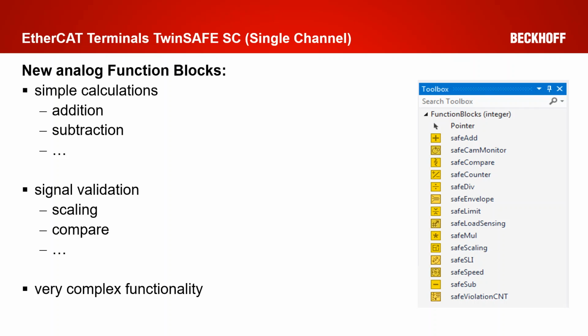So we have a function block for doing the scaling of the input signals, for comparing input signals, for limiting input signals. And we have a few function blocks for very complex functionality. We have, for example, a function block called cam monitor, which was especially developed for compactors to safely detect the upward movement of a compactor.